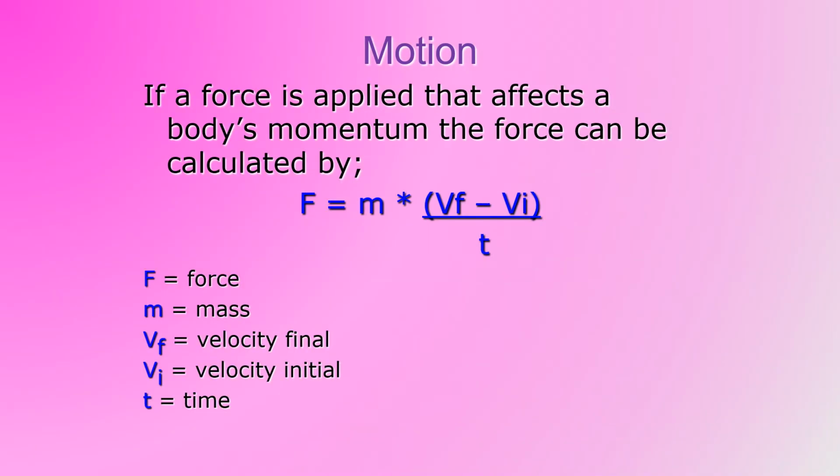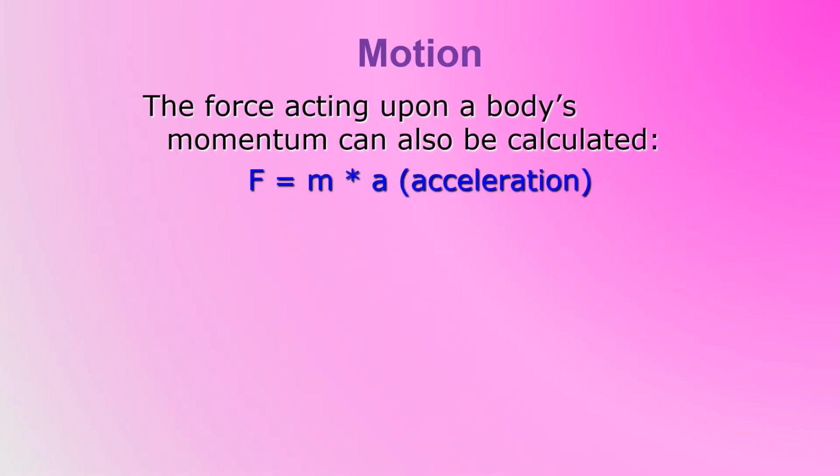If a force is applied that affects a body's momentum, the force can be calculated by the formula force equals mass times the difference between the final velocity and the initial velocity divided by time. That formula can also be stated as force equals mass times acceleration.